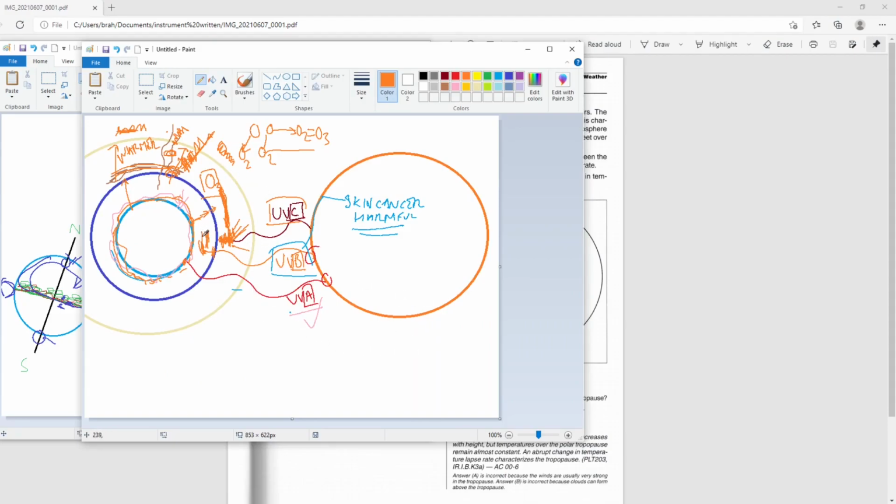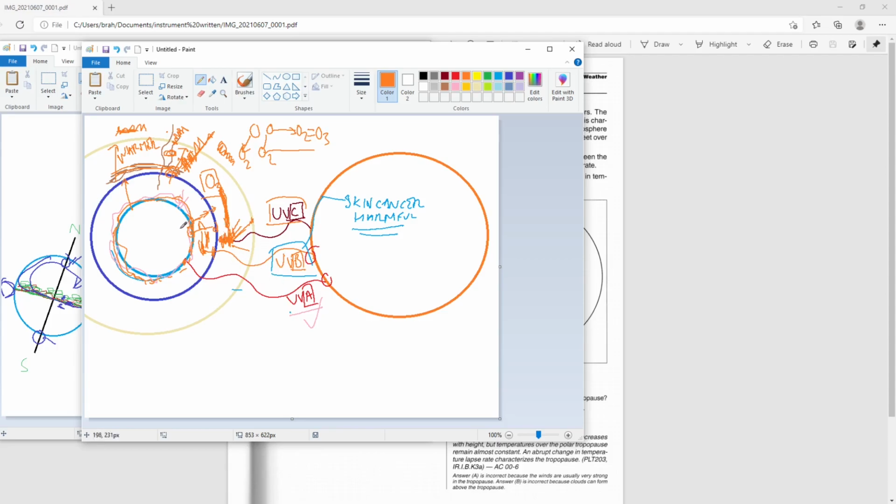The difference in heat here at the Earth's surface versus the tropopause is going to be greater. There's going to be a greater temperature difference than there is at the tropopause and the stratosphere, or the end of the stratosphere, the stratopause.